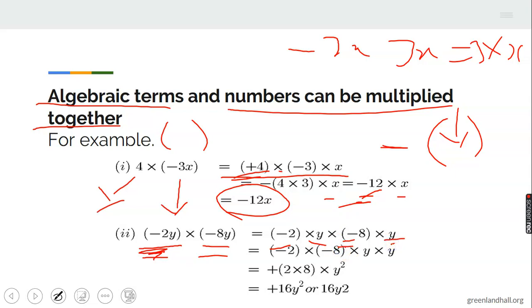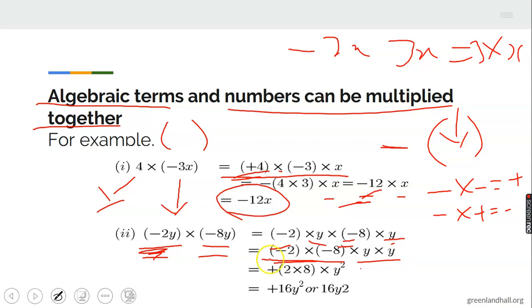Take note, minus times minus equals plus, and minus times plus equals minus. This was what happened in the first example. After doing that, you rearrange. We multiply the numbers first before the letters.